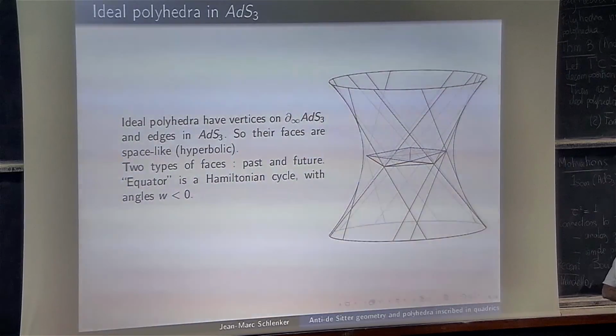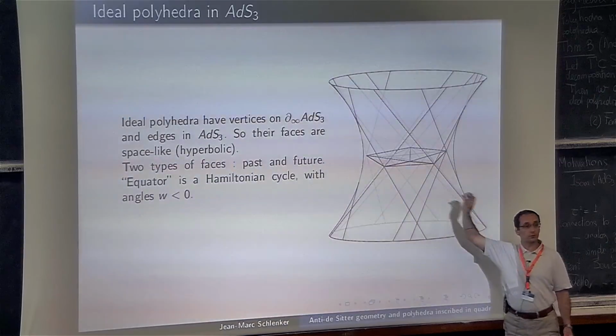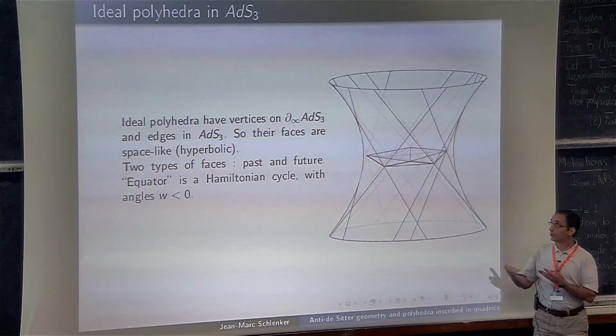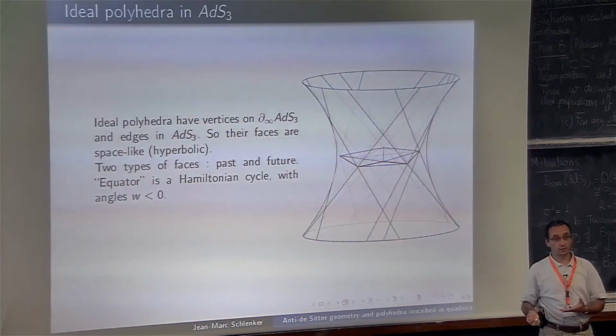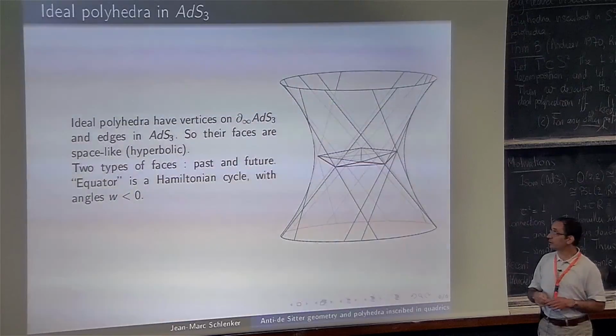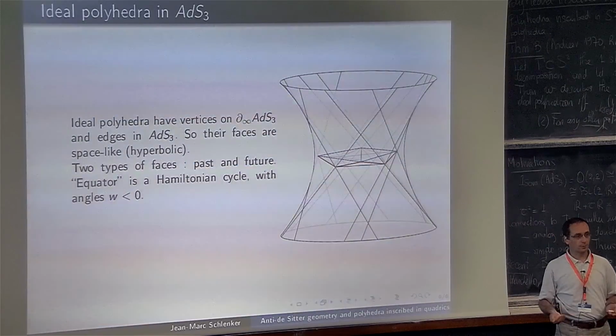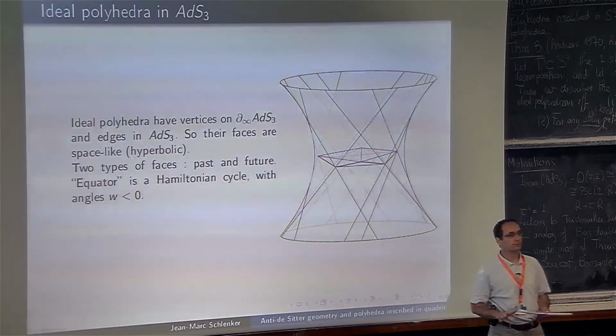By definition, this cycle has to go through every vertex. So you already see from this construction that you have this Hamiltonian cycle that is necessarily there. Whenever you look at the combinatorics of some ideal hyperbolic polyhedron, you need to have some Hamiltonian cycle. Yeah? Is this clear?